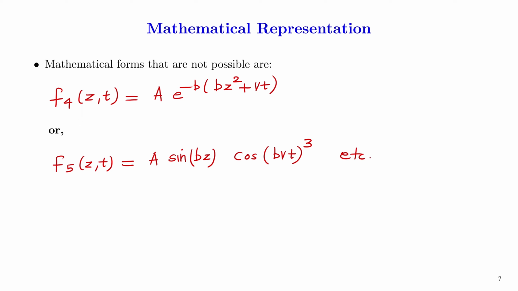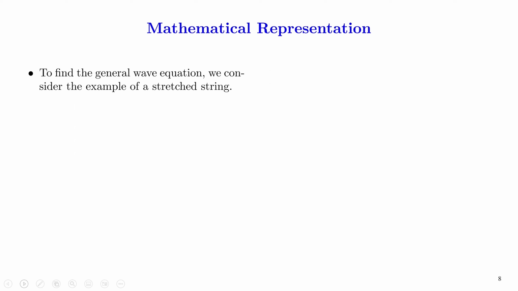These are all mathematical forms that are not possible for wave motion. You can see that in the first case z appears as a square, and in the second case vt appears as a cube. We now have understood that when we try to write a mathematical representation for wave motion, what should be the terms that should come inside the representation.